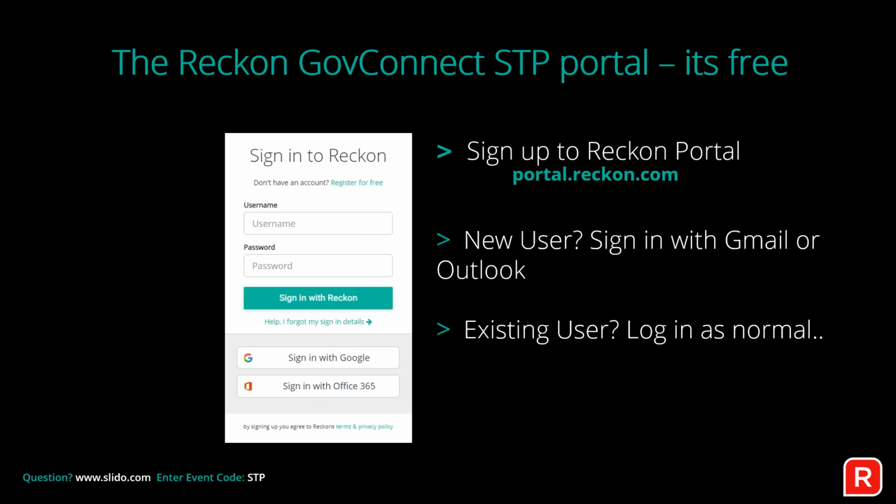If you don't have Gmail or Outlook, you can click on register for free, fill out your full details, and put in a nominated email address and create a password. It'll send you a verification link to your nominated email address, and then you just set up the account that way.